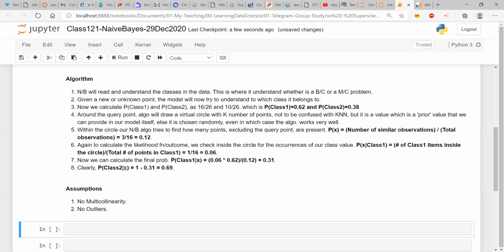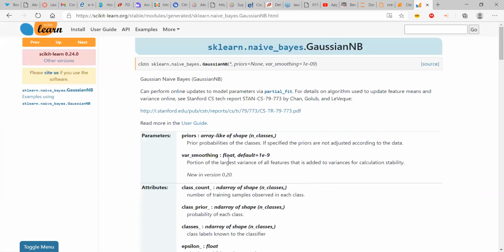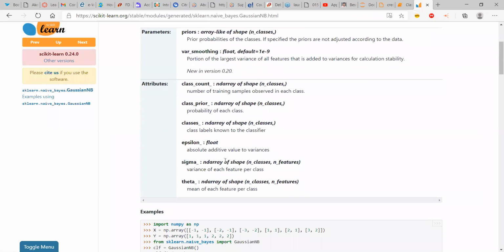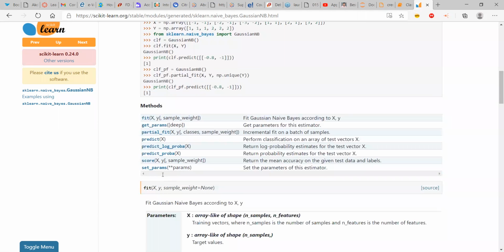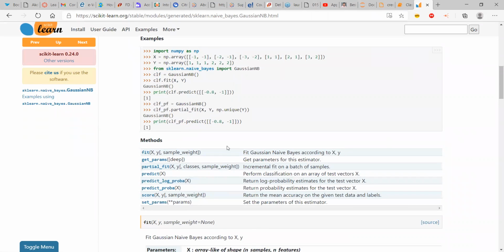But because I am not training or finding the patterns during training, like I was doing in the case of, let's say, a decision tree, in sklearn, if you go to the documentation, you will not find any attribute or any method which is giving you the coefficients for the features.